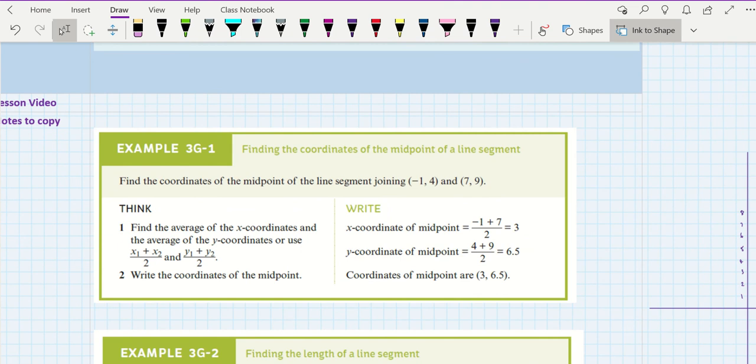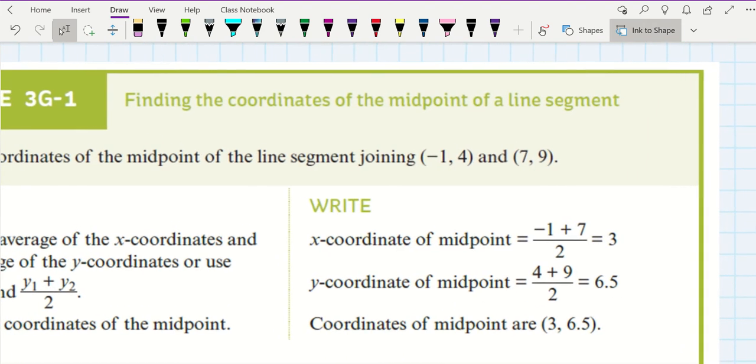So to find the coordinates of the midpoint of the line segment joining -1, 4 and 7, 9, just remember what we have here. So we've got an x1, we've got a y1, x2 and a y2, always helpful to label.